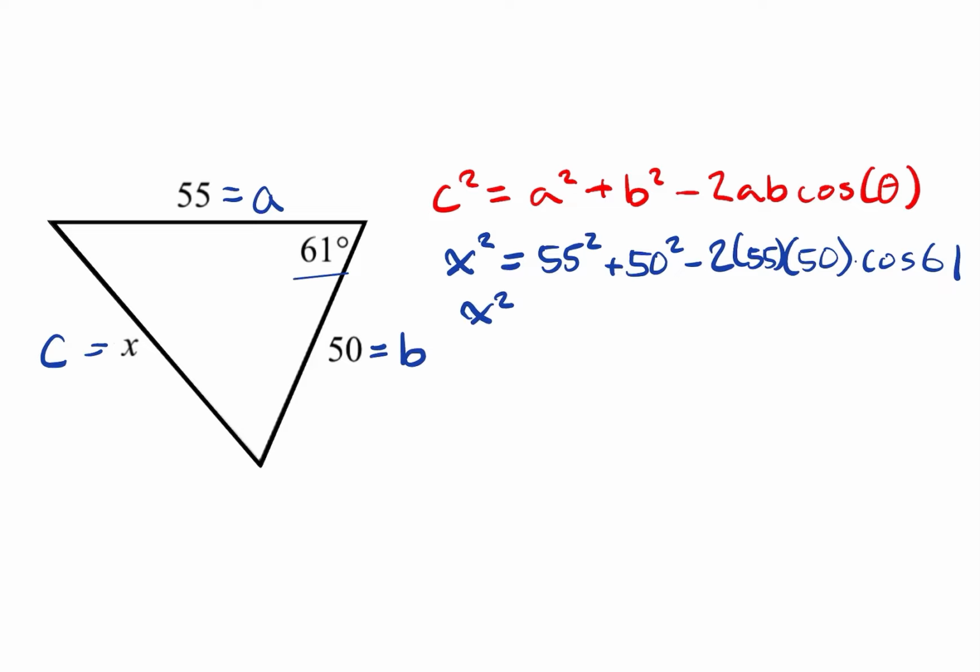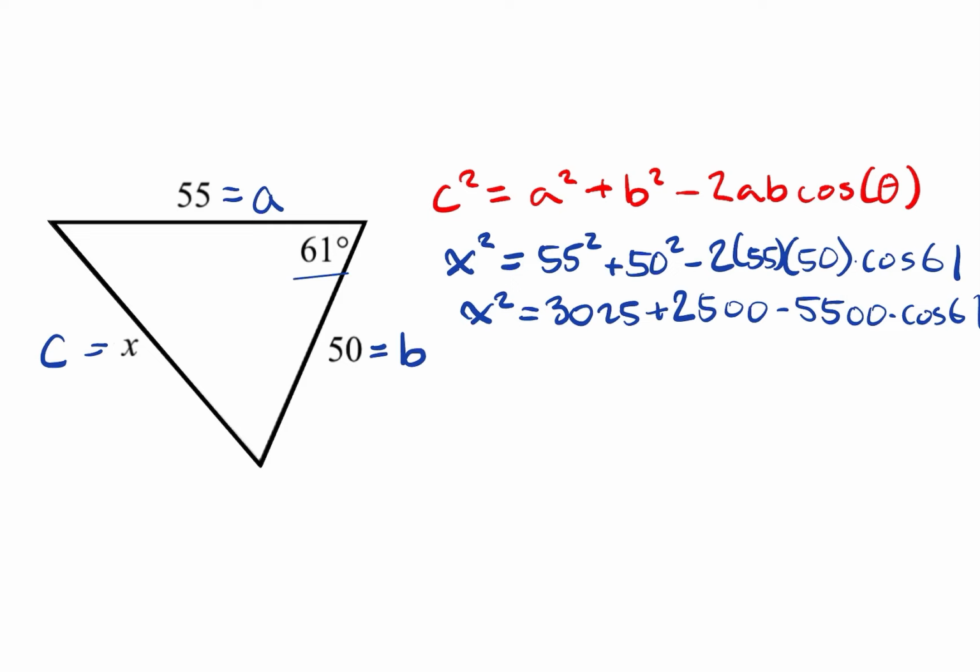So 55 squared is just 3,025 and 50 squared is just 2,500 and negative 2 multiplied by 55 multiplied by 50 is just negative 5,500 times the cosine of 61.